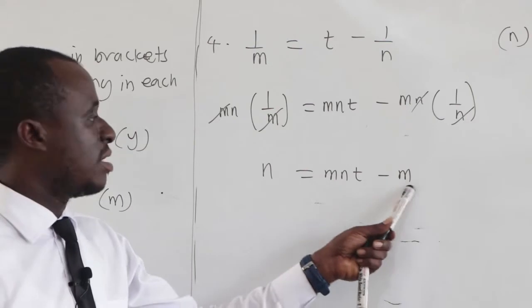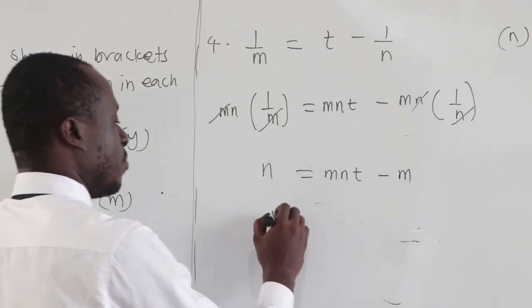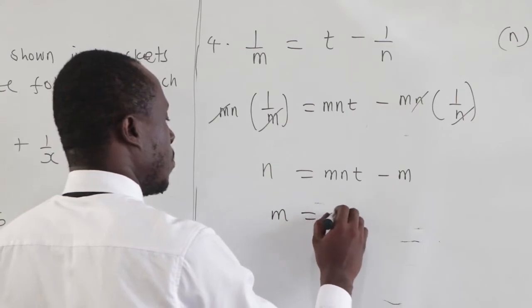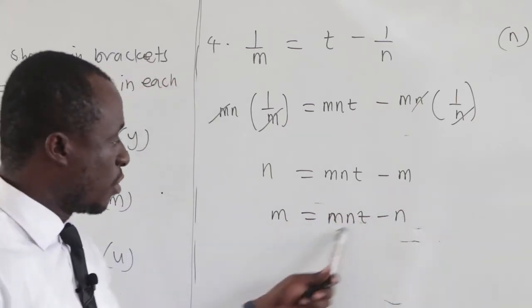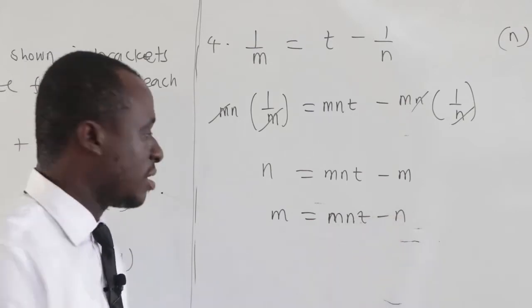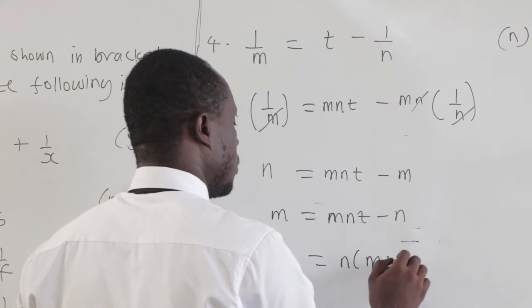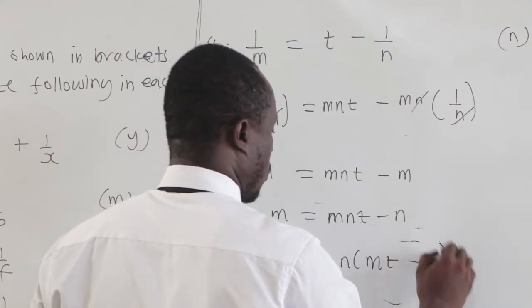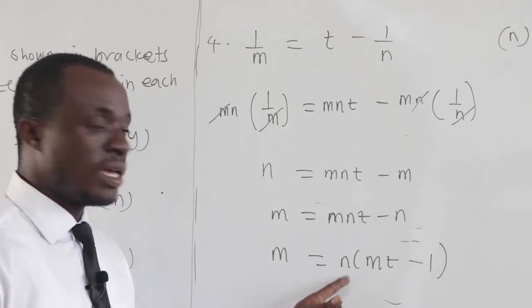Now let me bring this m to this side and this n to that side. Negative crossing positive. m equals mnt minus n. From here, what can we do? We can factorize n out. So we have m equal to n times mt minus 1. We want to make n the subject.